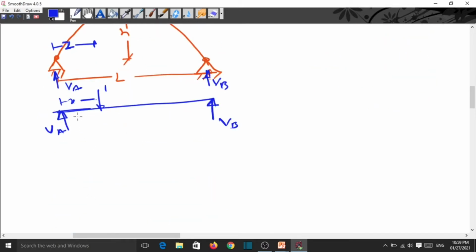These reactions become X by L and 1 minus X by L.